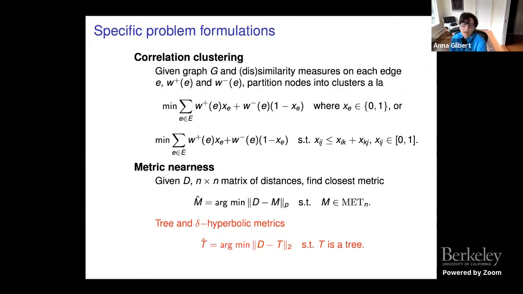Yes. Okay. Well, I should be careful because the information that you're given is just positive and negative on an edge. And saying these two vertices are positive and these two vertices are negative. But you're supposed to output a clustering.